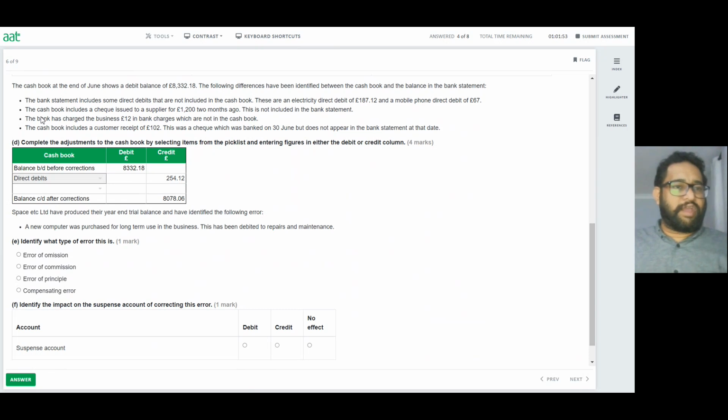And then they also have here that the cash book includes the check issued to the supplier for £1,200 two months ago. This was not included in the bank statement, which is not a concern for me now because these are timing differences. The cash book already had this information. Therefore, I do not have to update it unless that check is more than 6 months old.